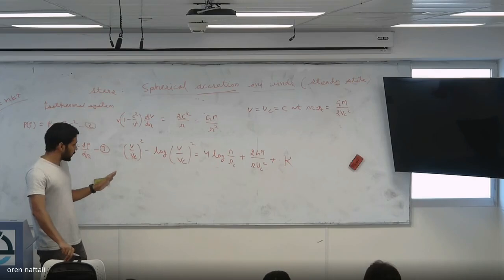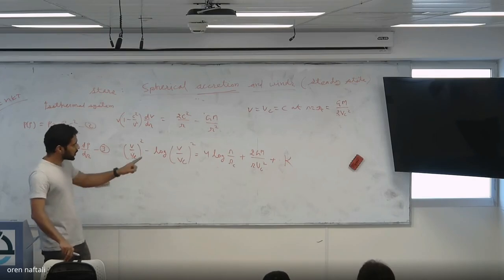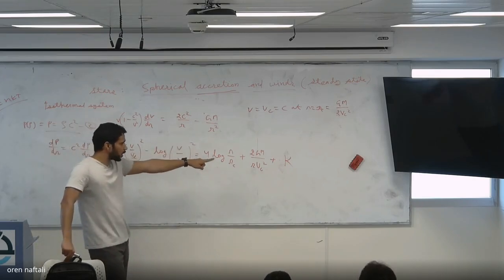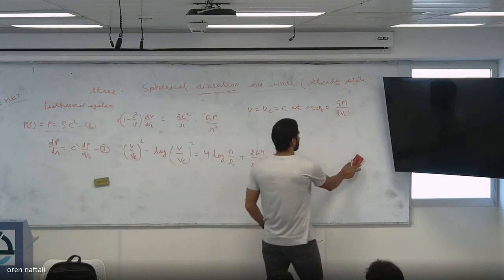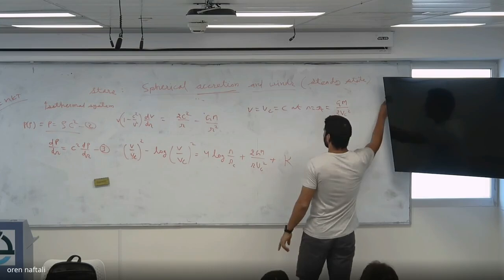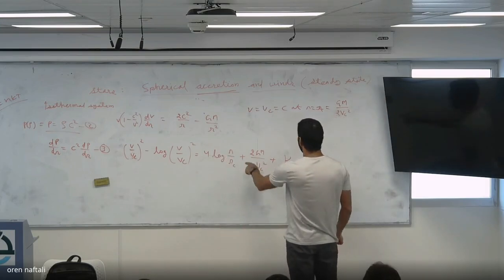Now the physics comes into the picture. Once I put in the boundary condition, why do you need the constant of integration? So what you need to do is, now velocity is a function of r, right?